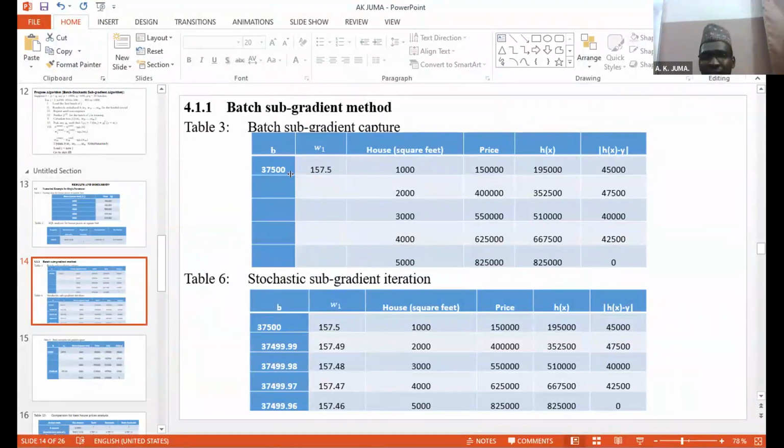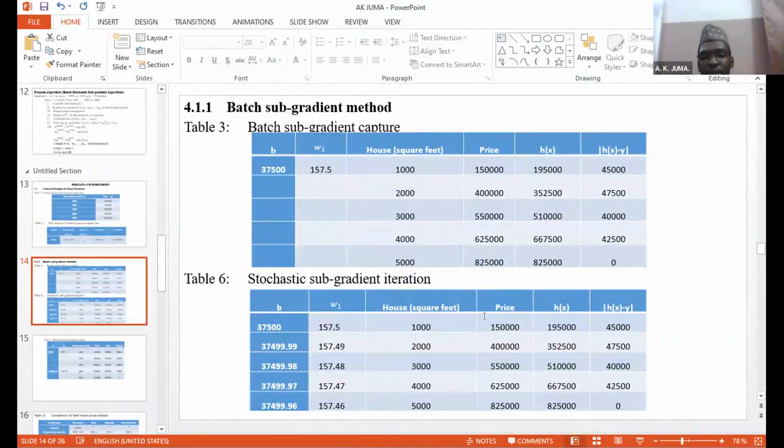It is at that point that we take the capture of that. Then we will discover the next values of B and W1 that we obtain will diverge. This one is the highest value, the best intercept and angle that it gets using the batch method.